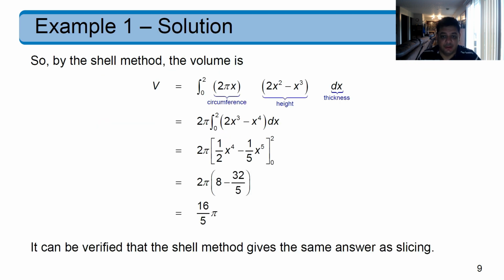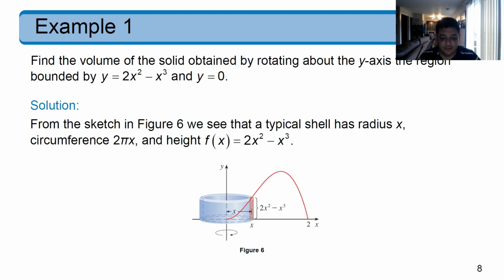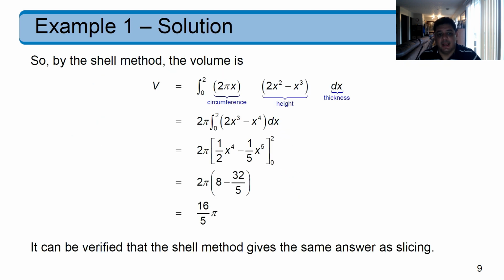And by the shell method, this is only going to be the integral from 0 to 2. Notice that it's from 0 to 2 because it starts here and it finishes here at 2. The circumference, 2 pi x, the height, which is the function x squared minus x cubed, and the thickness, delta x. So when I multiply this and pull out a constant, this becomes 2 pi, integral from 0 to 2 of x cubed minus x to the 4 dx.